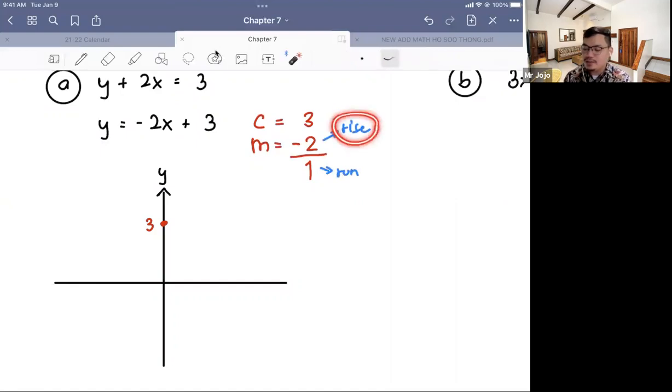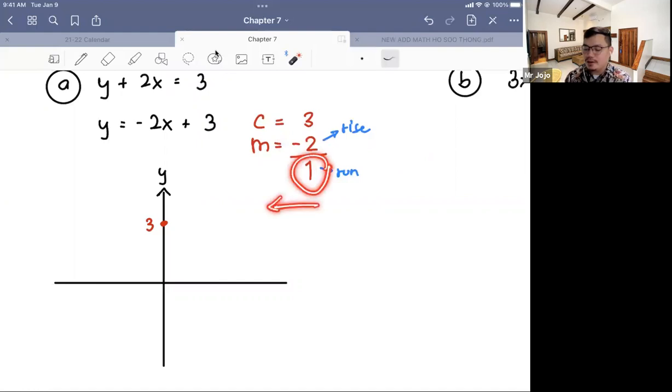Rise means that this number on top tells you if it goes up or goes down. I think everyone knows that if it's positive, it goes up, right? And when it's negative, it goes down, right? And then the number below is run, because when you run, you go left and right, right? So the number here tells you whether you need to go left or right.